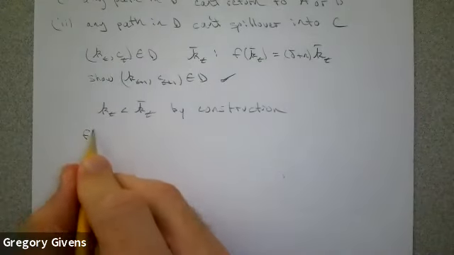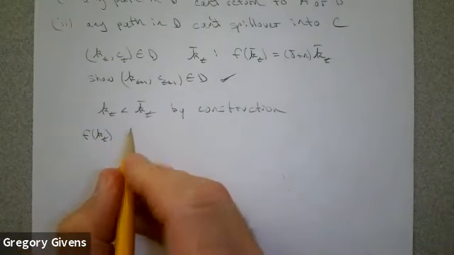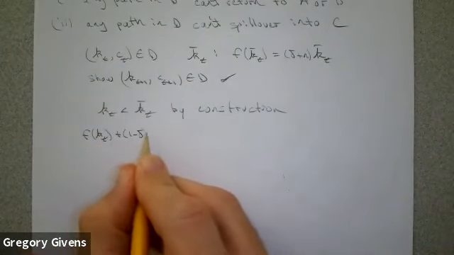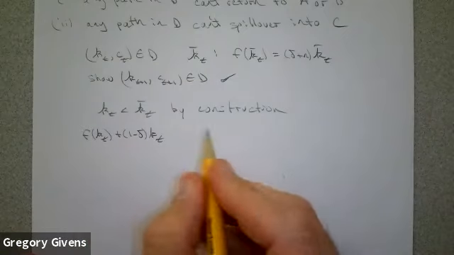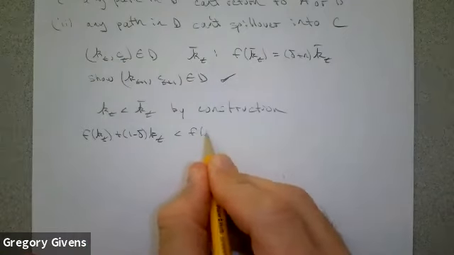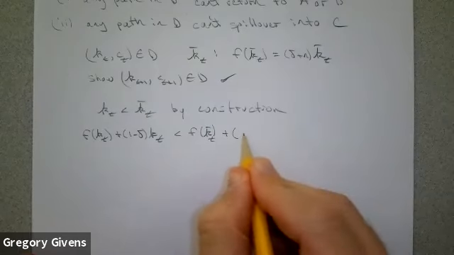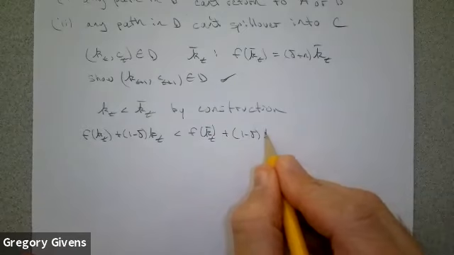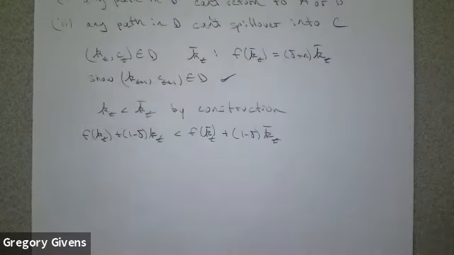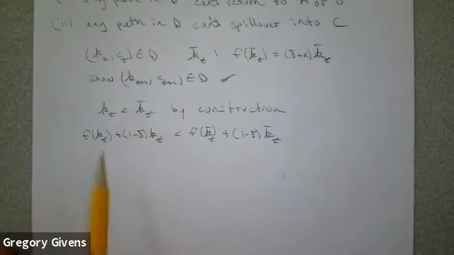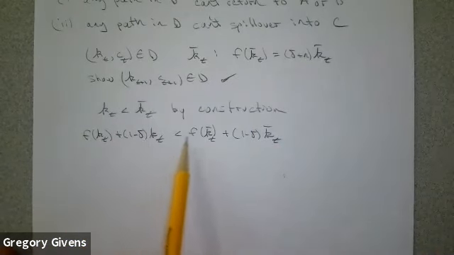Okay, that means that f of KT plus 1 minus delta KT is going to be less than f of K bar T plus 1 minus delta K bar T, because F is increasing in K, right? So K less than K bar implies that F of K plus 1 minus delta K is less than the same term evaluated at K bar.